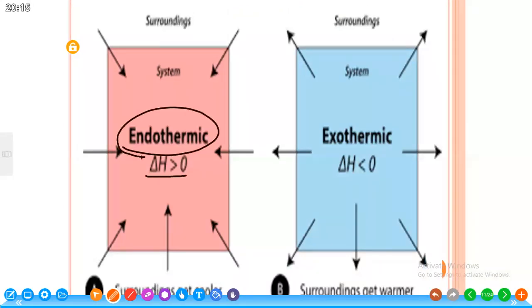The enthalpy value is a greater value, so a positive value. The exothermic reaction is the loss of energy to the surroundings. Loss of energy to the surroundings is called an exothermic reaction. So the enthalpy value is a negative value.